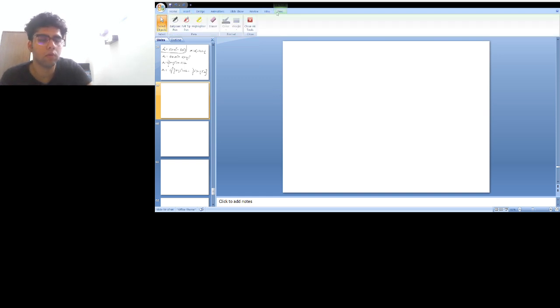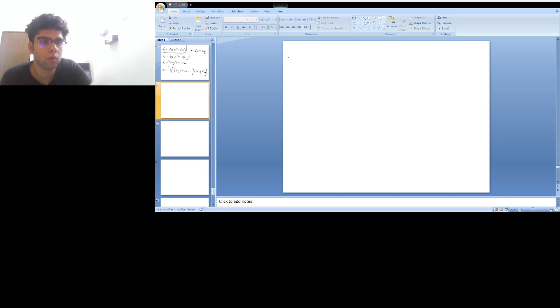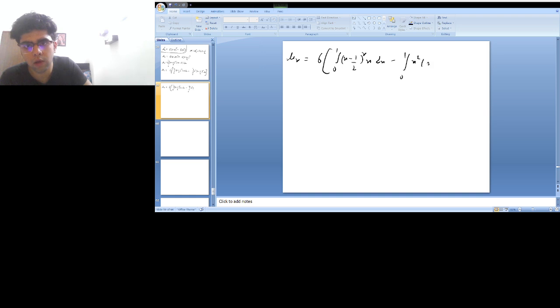So this becomes integral 0 to 1. Now this is x minus half to the power r into x dx minus integral 0 to 1 of x square into x minus half to the power r dx, putting another bracket.